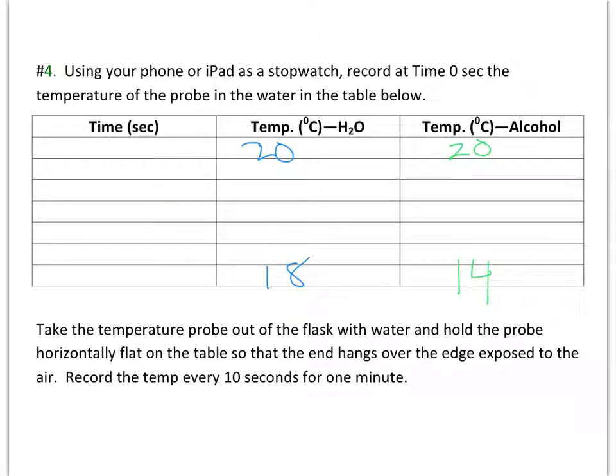In the same amount of time, water only cools 2 degrees, whereas alcohol cooled like 6 degrees. Because water has a high specific heat, it takes a lot of heat to get it to evaporate, which is what's cooling down the thermometer. Whereas with the alcohol, it has a low specific heat, so it doesn't take very much heat at all to get it to evaporate.